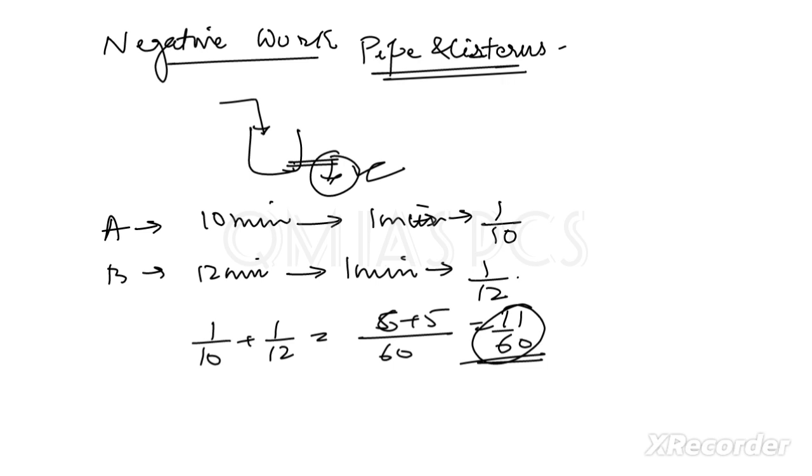In a previous session I solved one question where ABC are working: A works on Monday, B on Tuesday, C on Wednesday, then again A on Thursday, then B on Friday, and so on. So you have to understand the language of that question. If you are not getting that, first work on the language of the question, then work on the concept.